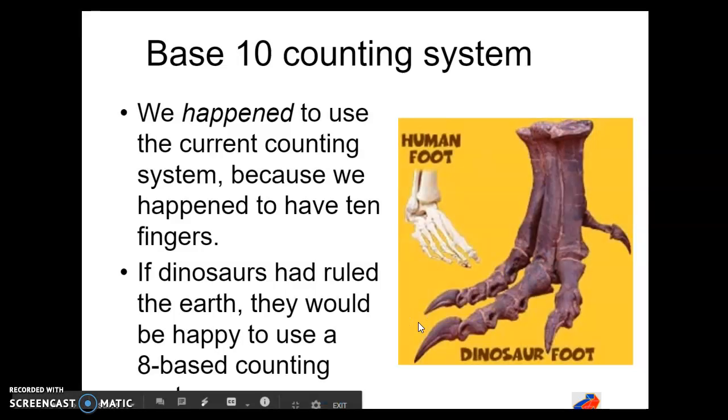Why do we use base 10? Probably because we had 10 fingers, and if dinosaurs had ruled the world, they would have probably had an eight base counting system.